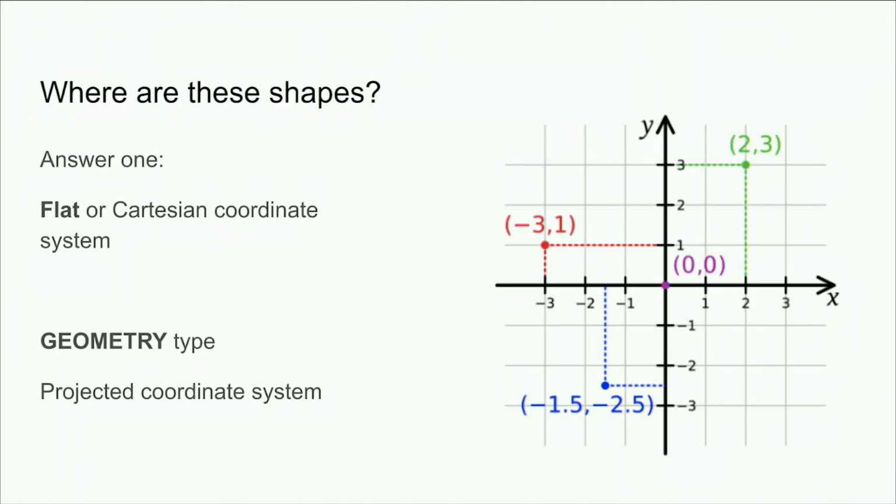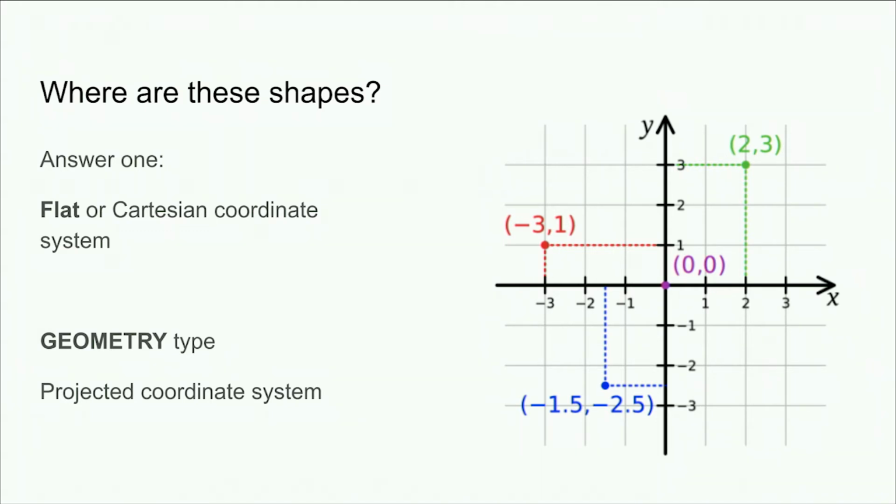Next question is, we described abstract coordinates, but once we work with the real Earth, where are those coordinates and what are those numbers? And there might be two major answers. One is you are working on a flat coordinate system of some specific map projection, and that's typically called geometry type in PostGIS, for example. In MySQL, it's called projected coordinate system.